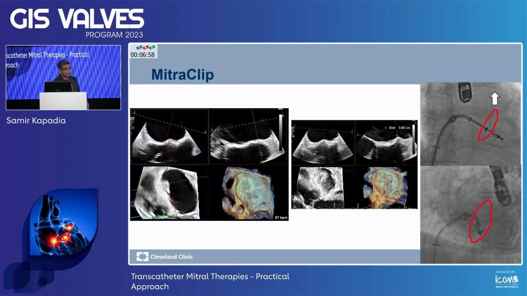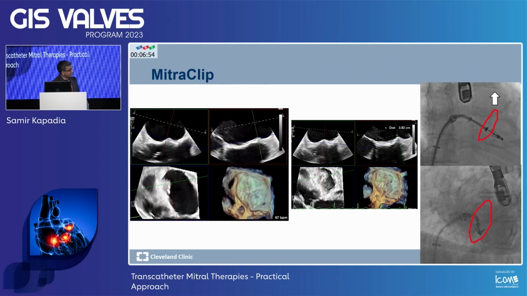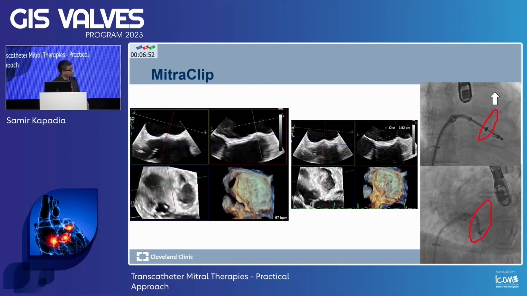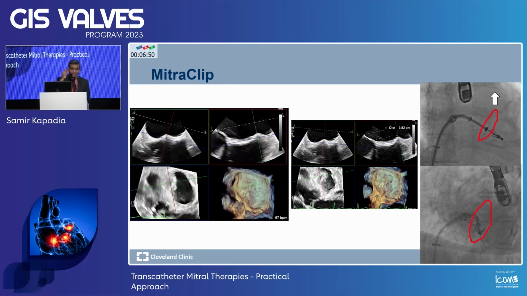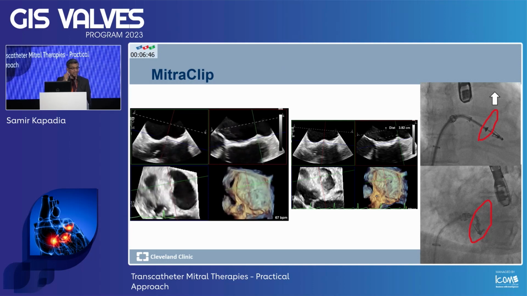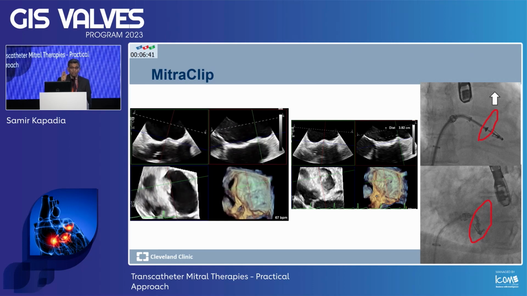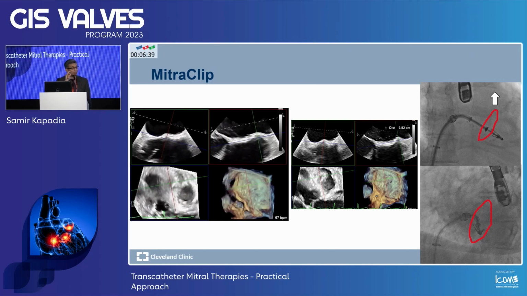Anterior and posterior leaflets are on the sides of each other. And if you look at the LAO view, this is the anterolateral commissure, and this is the posteromedial commissure. Keep in mind that where the left main divides is the anterolateral commissure, and where the PDA arises is the posteromedial commissure. You know where the coronaries are in any view, so that way you can tell where the mitral valve anterior and posterior leaflets are.